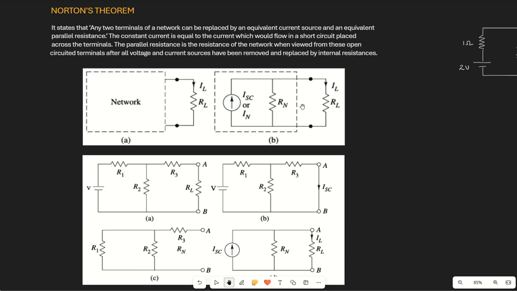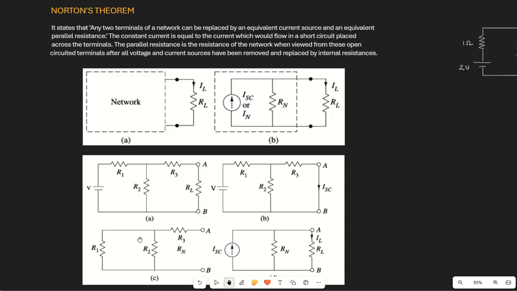Then next, for determining RN, which is similar to RTH, we have to open circuit the load and then determine the equivalent resistance, measuring from the side where we are open circuiting the load and replacing the independent sources by their internal resistances.